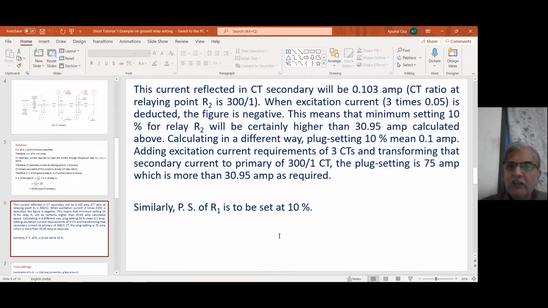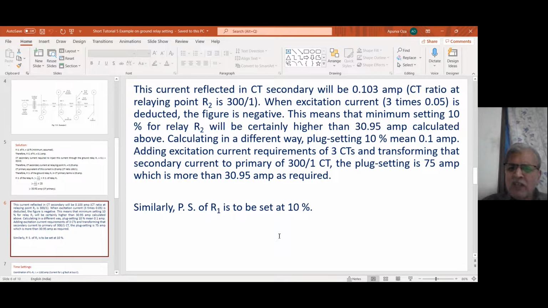3 excitation currents, 0.05, 3 times 0.05. If you deduct from 0.103, 0.15, that is 0.103 minus 0.15, the figure is negative. It obviously means that the minimum setting of relay R2, which is also 10%, will be higher than 30.95.